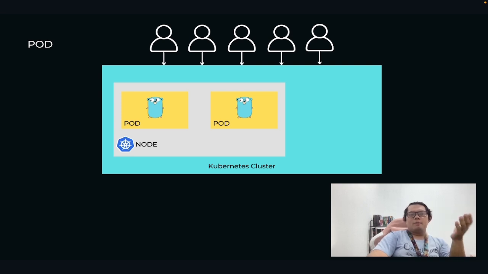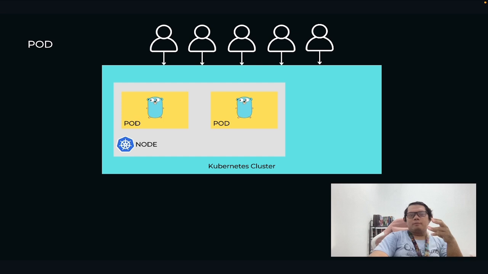Instead of cramming everything into one pod, Kubernetes has a smarter way to handle scaling. You create new pods, each with its own instance of your app. This keeps things organized, ensures your app runs smoothly, and makes it easier to manage. And pods are meant to stay lean.